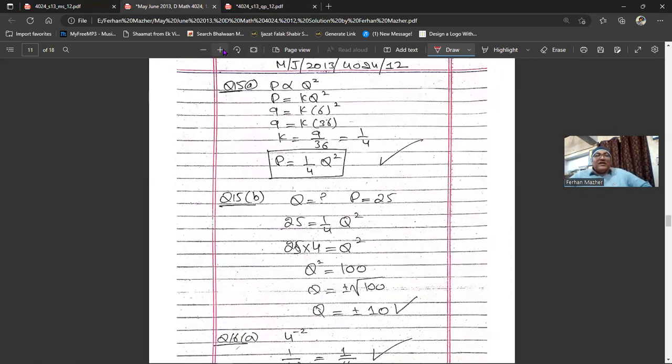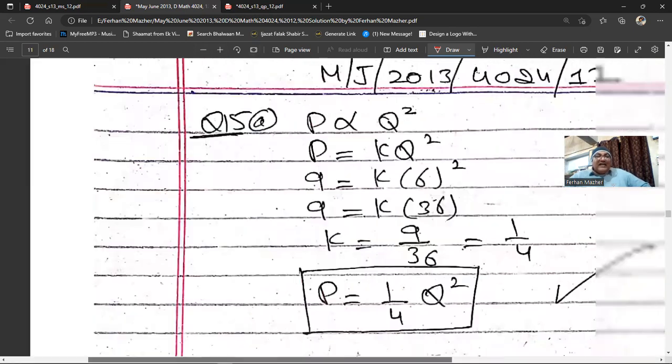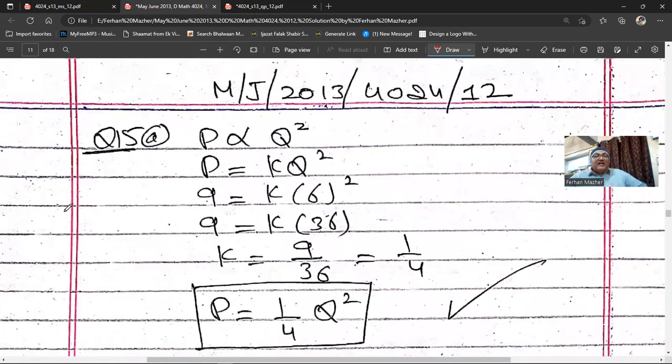Okay, so we have question number 15, and in the question number 15, A part, he says P is directly proportional to the square of the Q. So P, when I will remove this proportional sign, I put equal sign here. I have to introduce a constant here, and that constant is K. So P is equals to KQ square. The P is 9 and the Q is 6. So 9 is equals to K and 6 square.